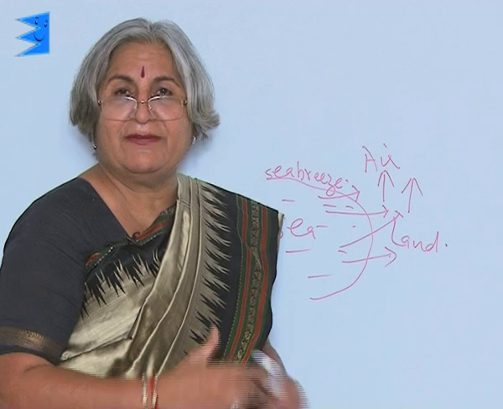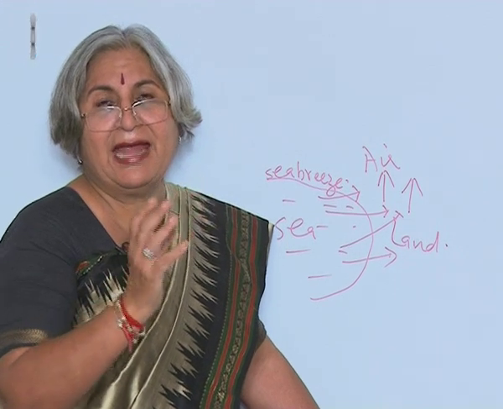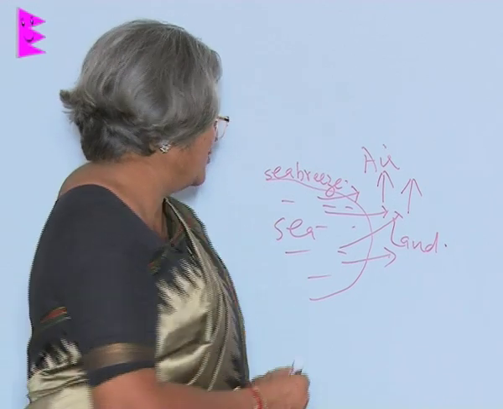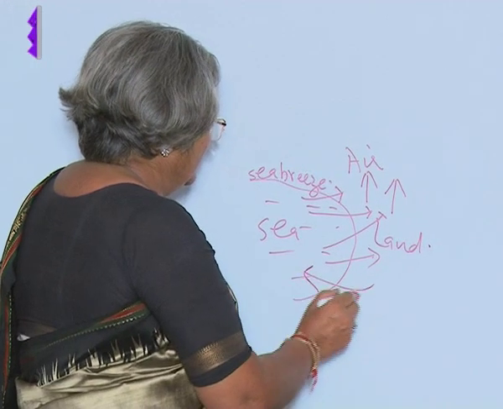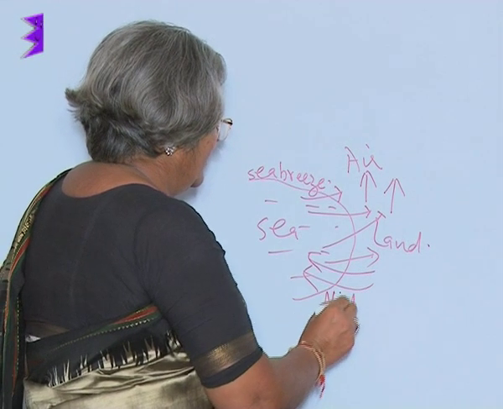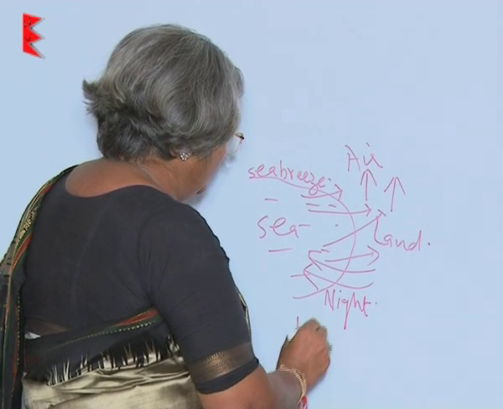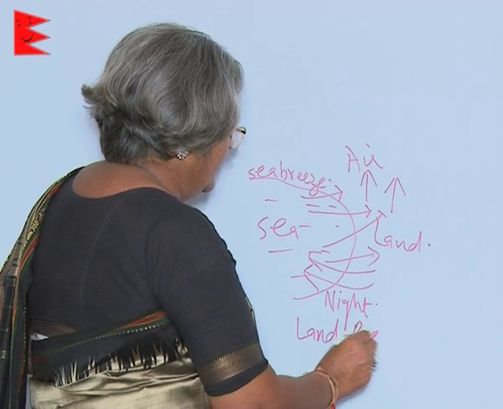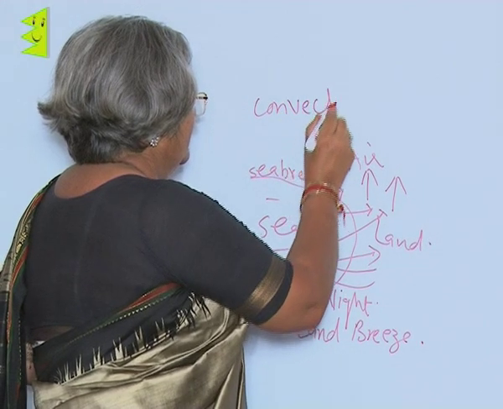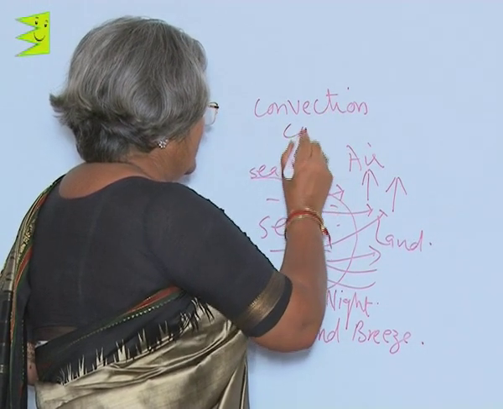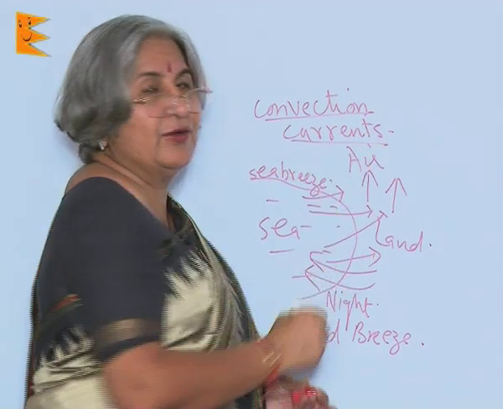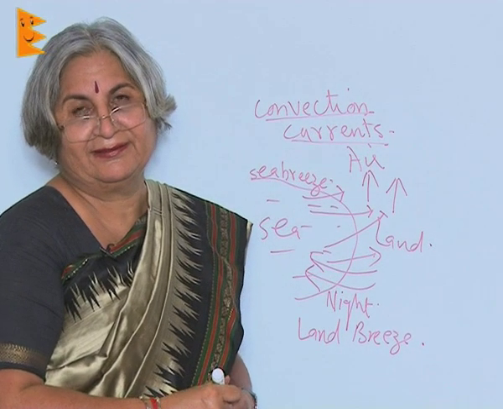So the air above the sea rises up, and above the sea there is a region of low air pressure, and so at night the breeze from land moves towards the sea, and that is called land breeze, and this is causing convection of air or convection currents, all due to uneven heating.